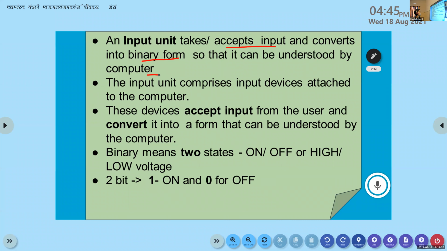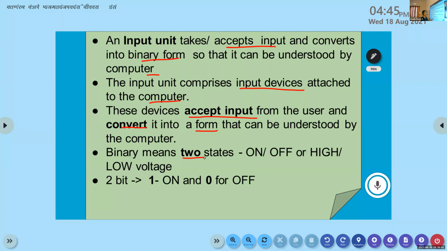The input unit consists of input devices which are connected to the computer. Input devices accept data from the user and convert it into a form understood by the computer. Basically, binary means two states.